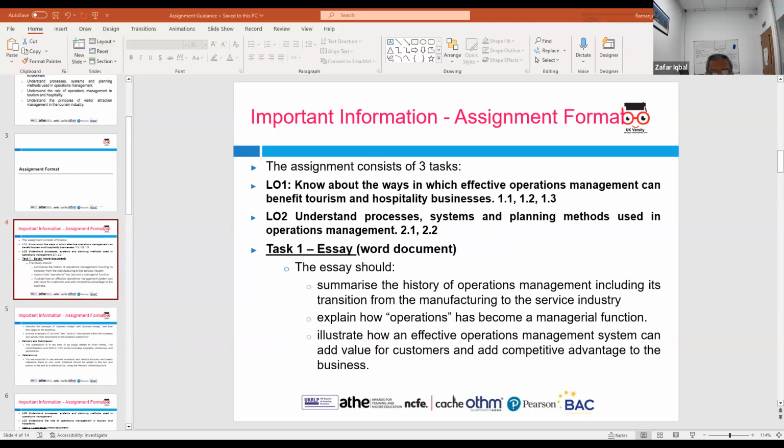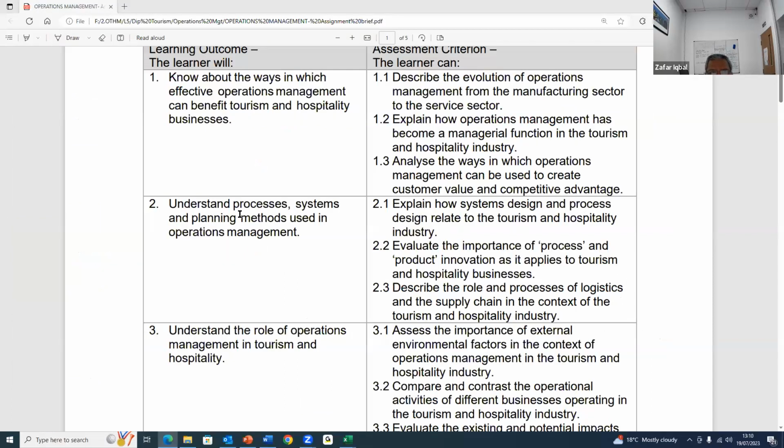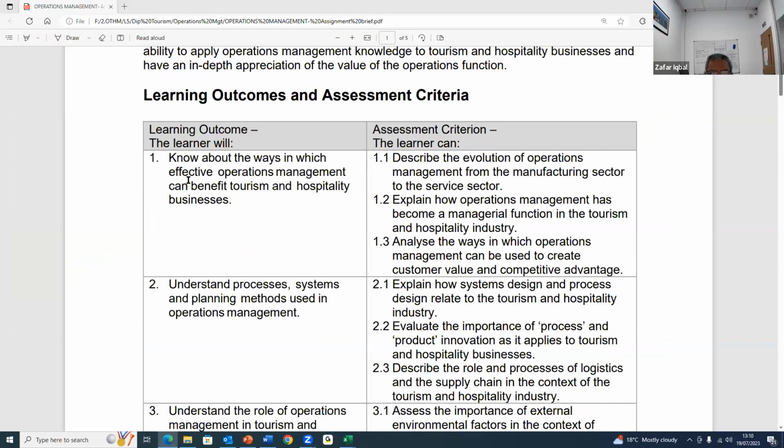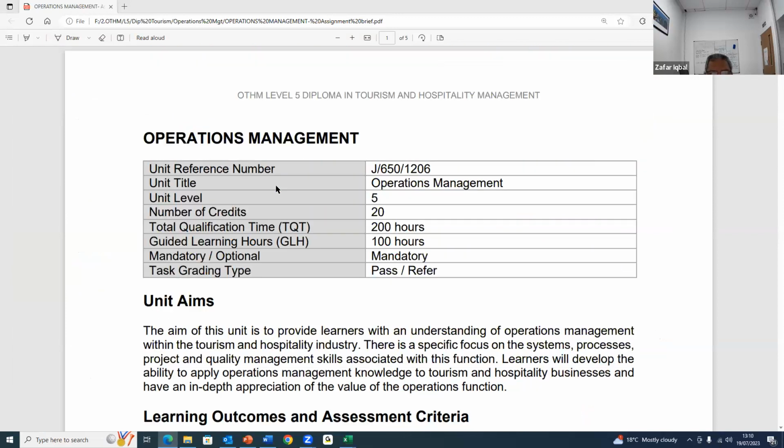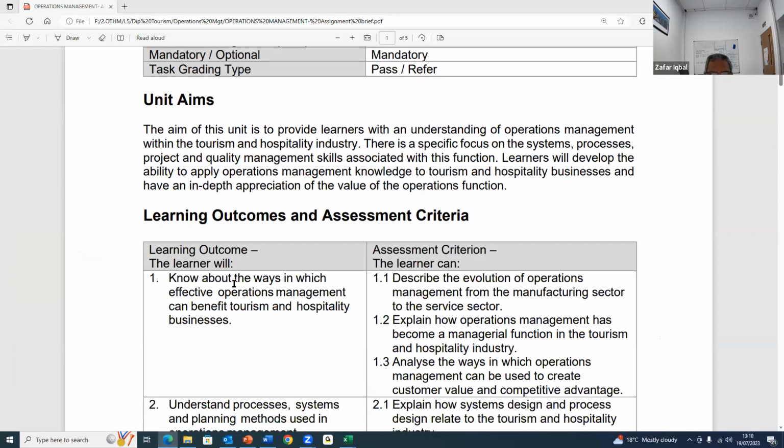Okay, so, can you see this? Can you see this? Learning outcome 1, this is operations management. This is the learning outcome, and these are the assessment criteria.